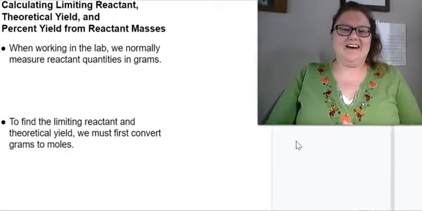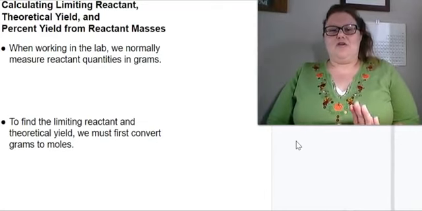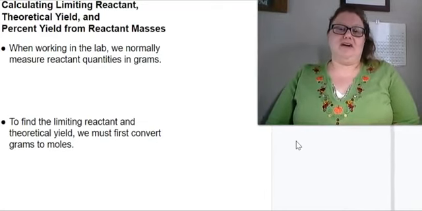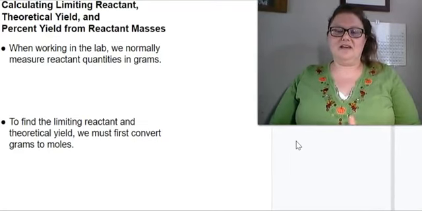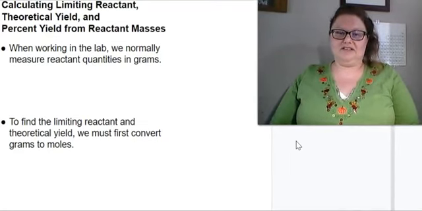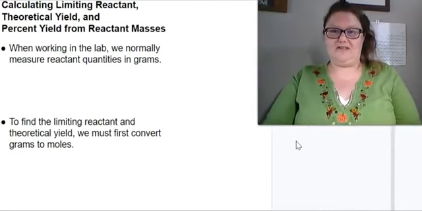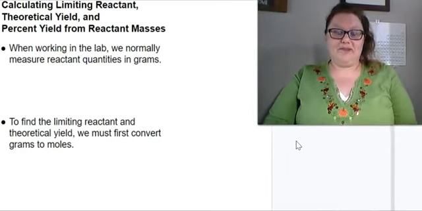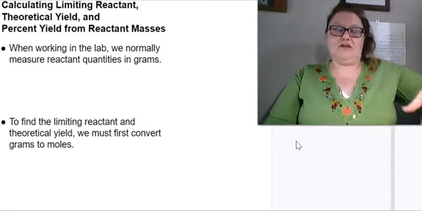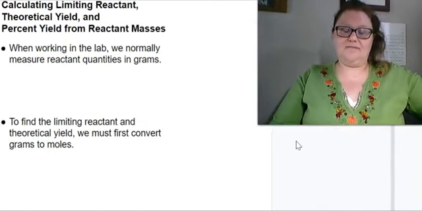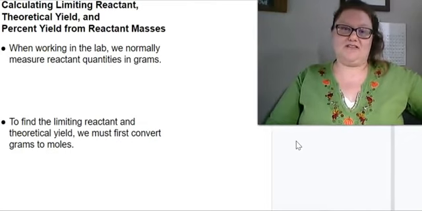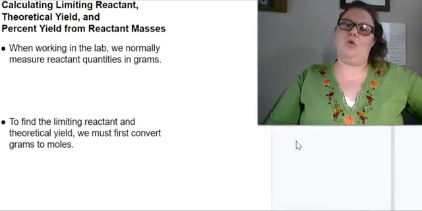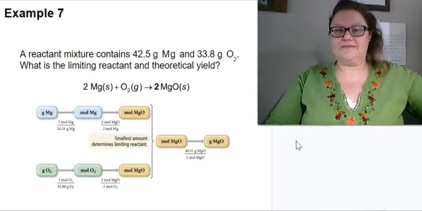Not quite. Okay, so when we work in the lab, we measure the reactant quantities in grams. We've been over this, okay? So to find the limiting reactant and theoretical yield, we first have to convert that grams into moles. Remember, the moles are the coefficients in the balanced equation. So we have to change our grams to moles in order to use that balanced equation and compare one substance to another.